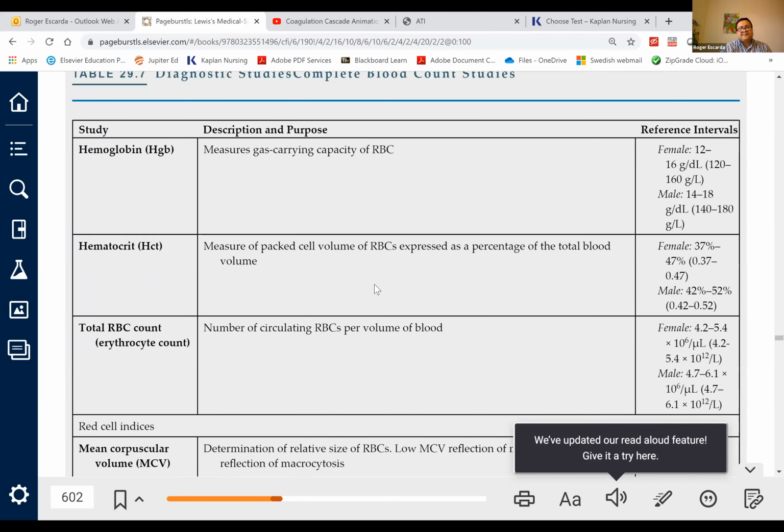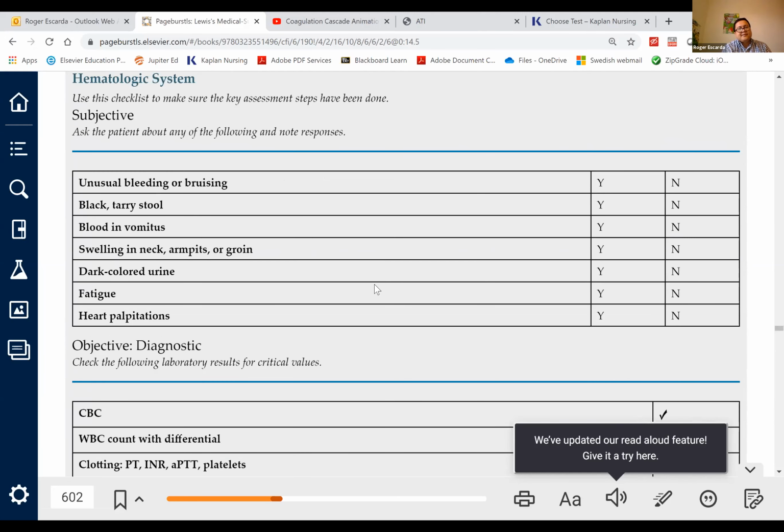A. What is your usual diet? B. Do you have any black tarry stool?